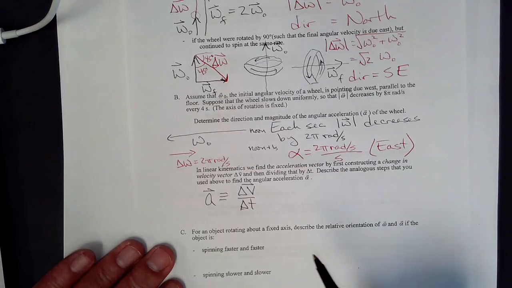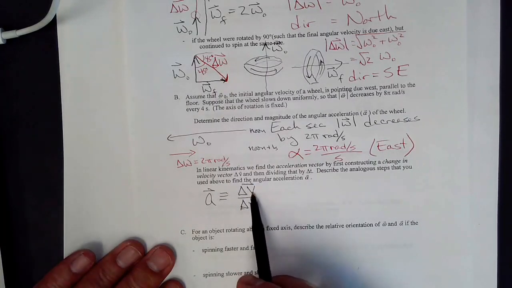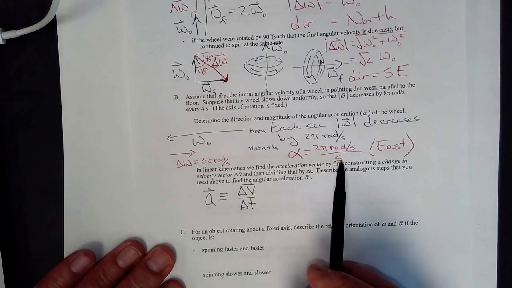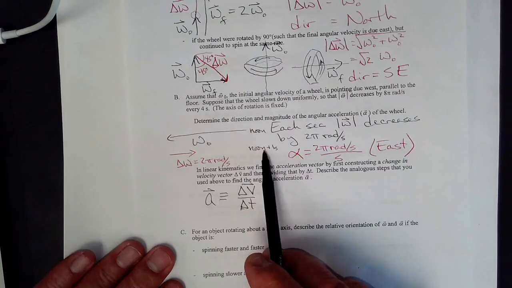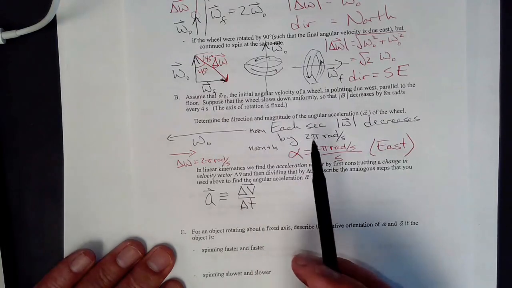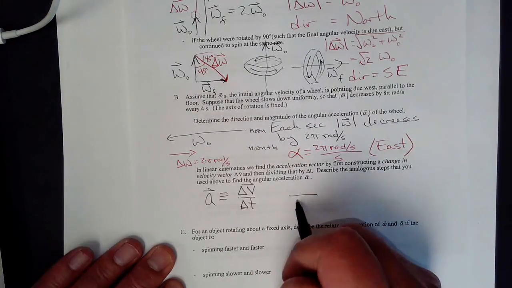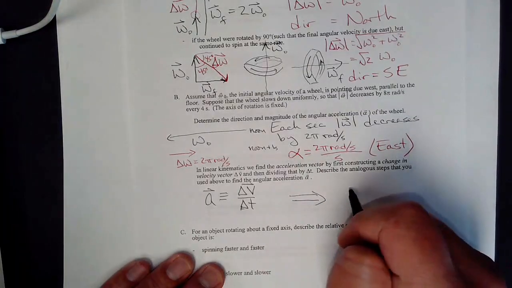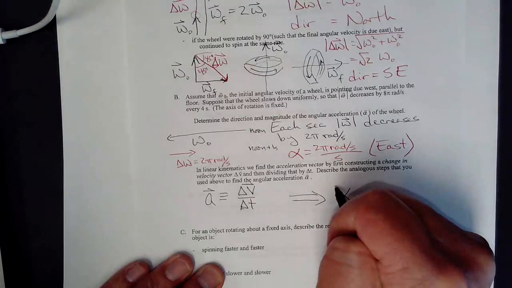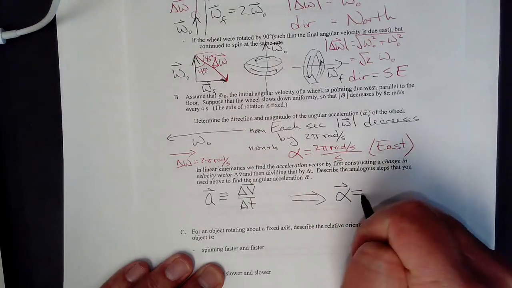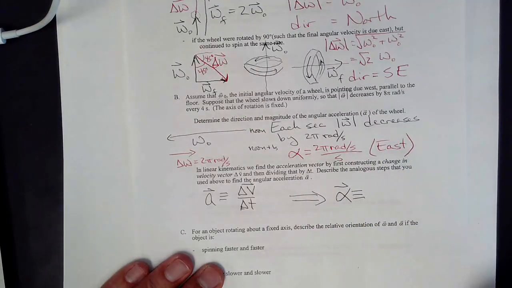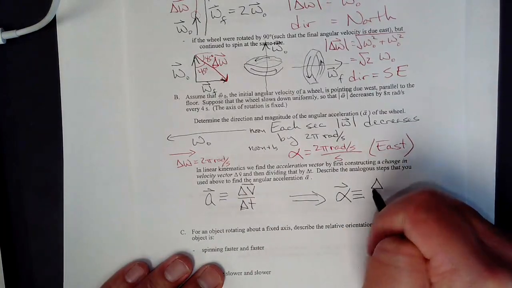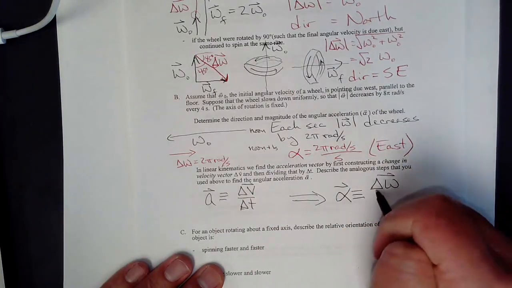And then what we find is it's the change in velocity that happens for each second. So from noon until plus 1 second. Well, we're going to do the same thing with angular motion. We're going to define an angular acceleration. Again, that's 3 lines for a definition. It's not going to be the change in linear velocity, but the change in angular velocity divided by how much time it takes.